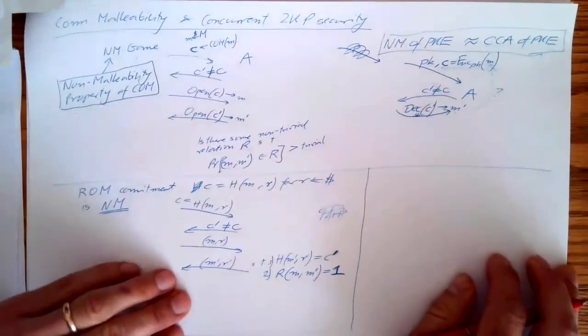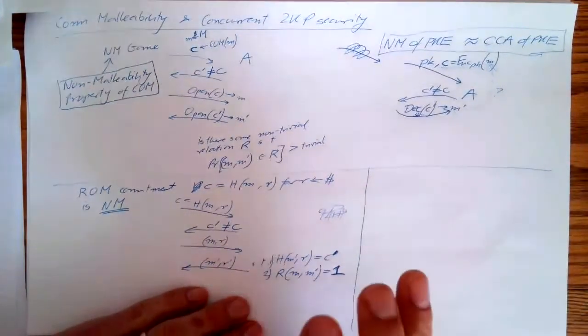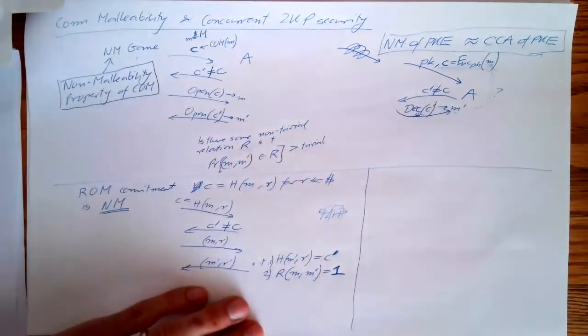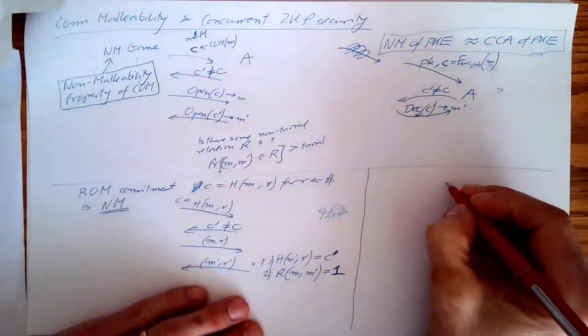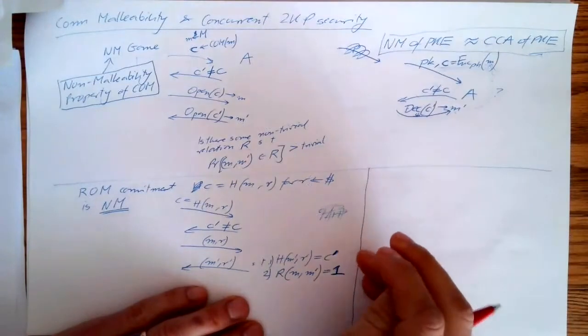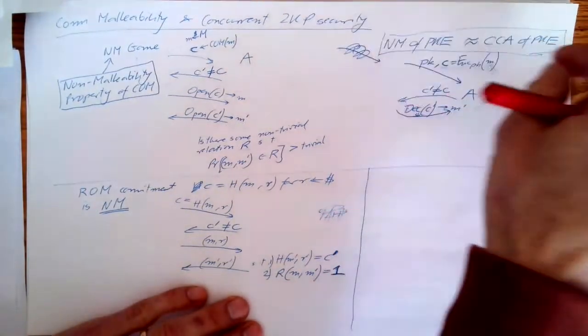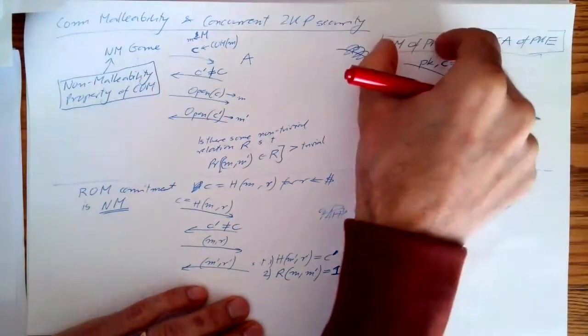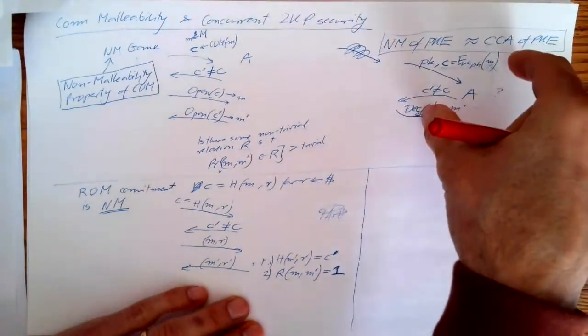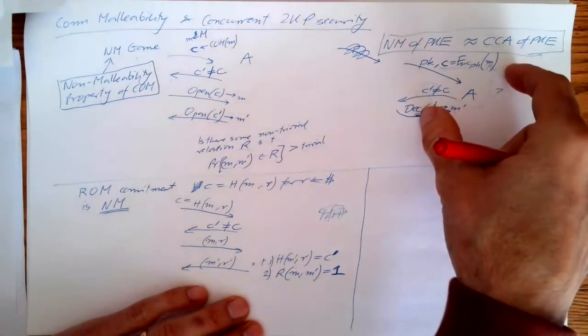But see, if we try to do this without random oracles, well, non-malleable public key encryption implies non-malleable commitments, but they are not the perfectly hiding ones.